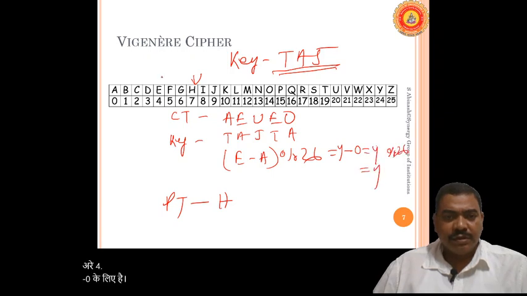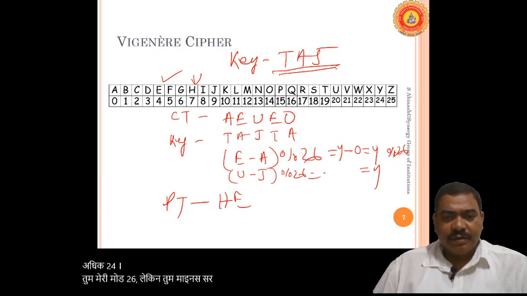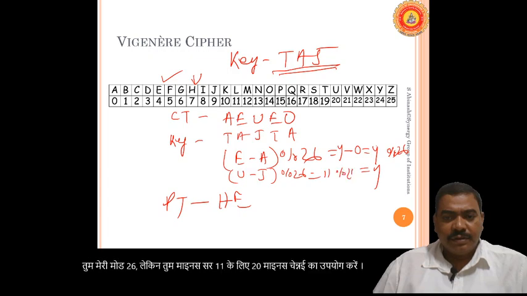So 4 is e. Then u minus j mod 26. U is 20, minus j which is 9, so 11. 11 mod 26 is also 11, so 11 is a.